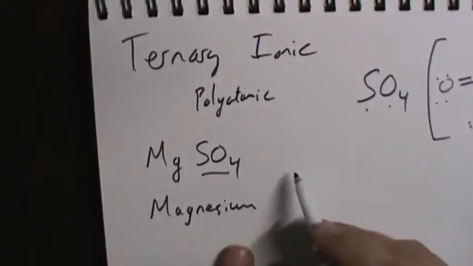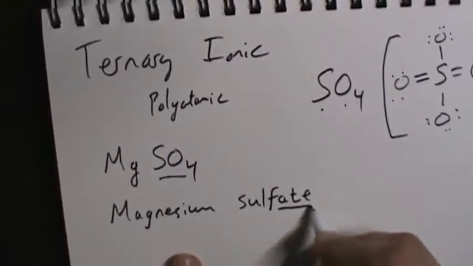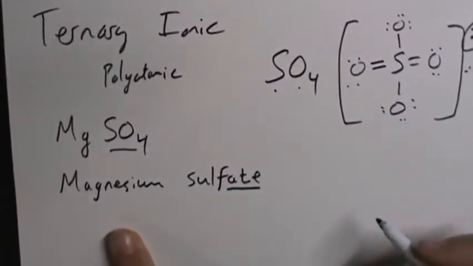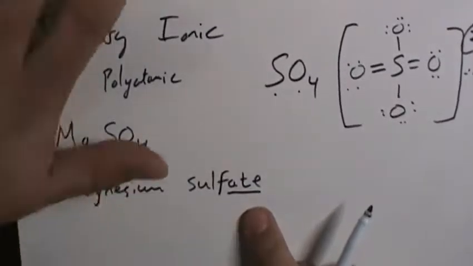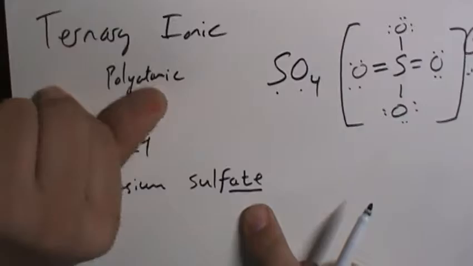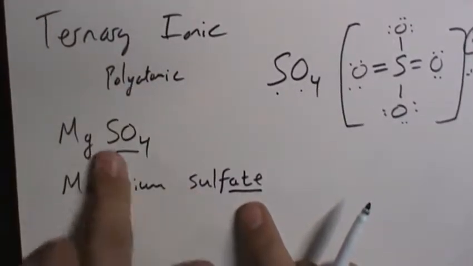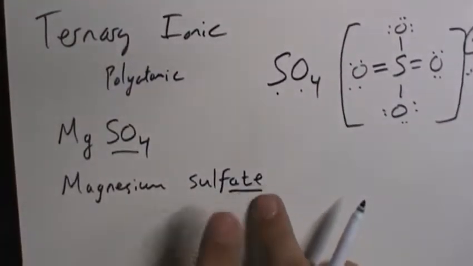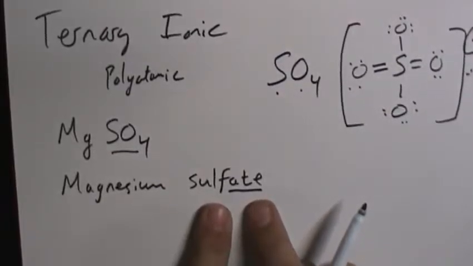Now we look up SO4 in our reference tables and we see that its name is sulfate. ATE ending instead of IDE. That's how we know, if we don't have this, that we're dealing with a polyatomic ion, that we have a ternary compound, and that there's oxygen in this thing. That's what that ATE is telling us. So we don't change it. We just write it as is.